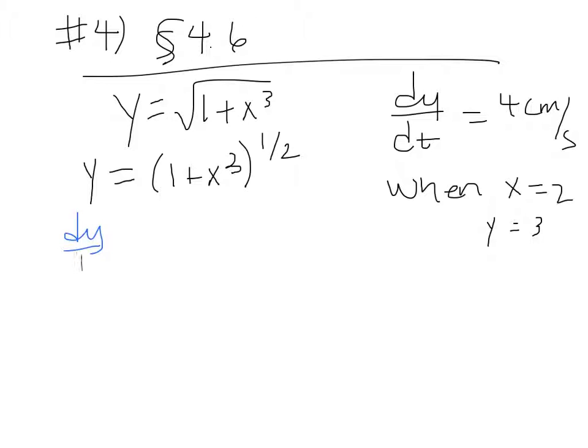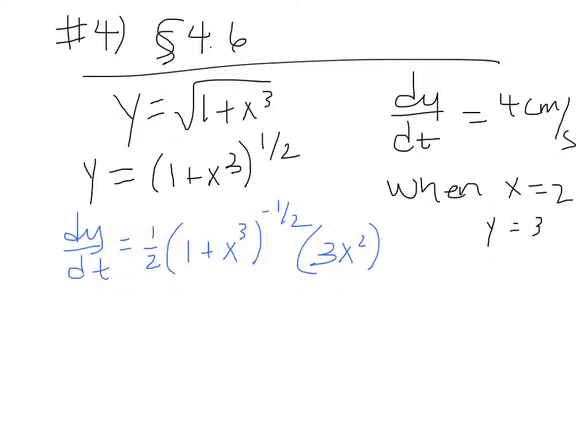So dy/dt then. Okay, so now Cameron, go ahead. So now it's 1/2 times 1 plus x cubed to the negative 1/2 times 3x squared. Good. Okay, there's that chain rule that we have to keep track of.